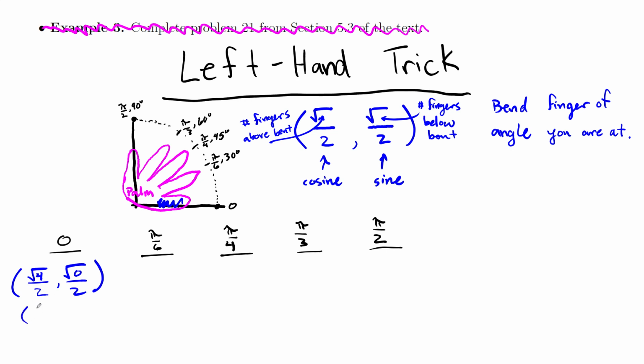Square root of 4 is 2, which just becomes 1, 0. And we know that this is the point 1, 0. So now let's get rid of that, and let's try it for another one here. I'm going to bend the ring finger.